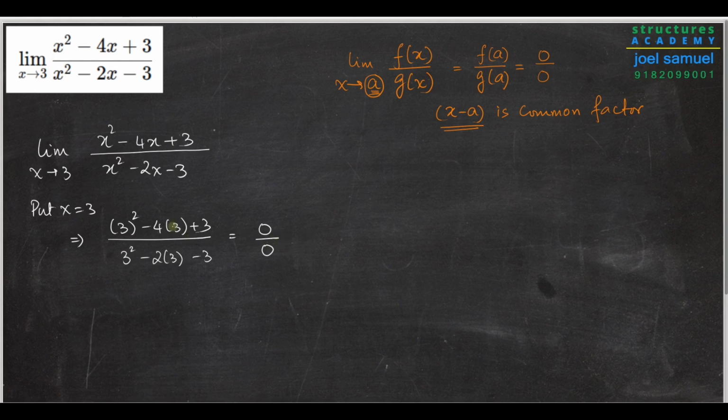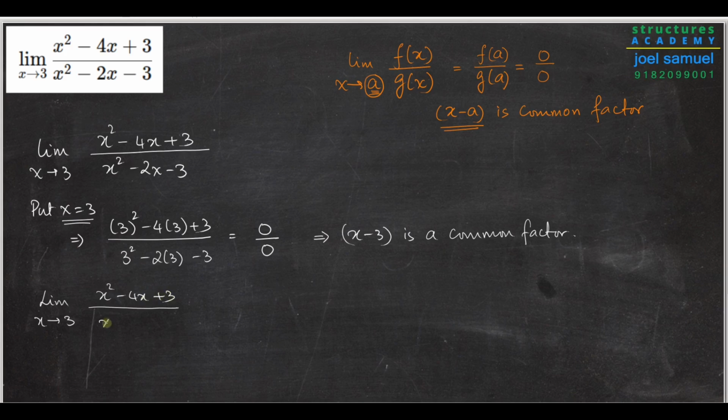So what we realize here is since by putting x equal to 3, both numerator and denominator have become 0, we can clearly say that x minus 3 is a common factor. So what we do is we try to factorize both numerator and denominator. x² − 4x + 3, x² − 2x − 3.